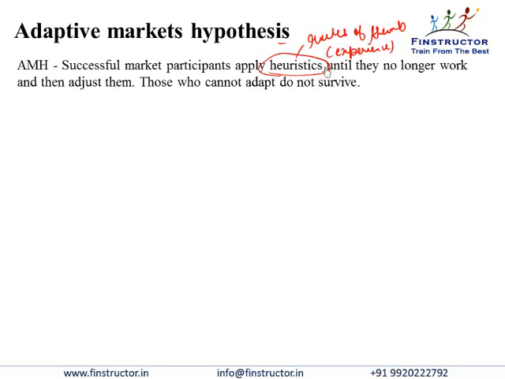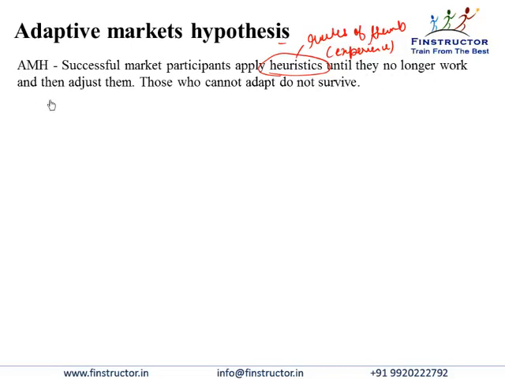So as we become more and more experienced, we realize that real estate stocks are bad, or we realize that companies that give good dividends give good returns, or we realize that IT stocks are good stocks to hold. So these are all heuristics that investors derive from their own experience and from their own analysis and assessment of their investing. Investors use these heuristics in actual decision making and actual portfolio construction until the heuristics no longer work.